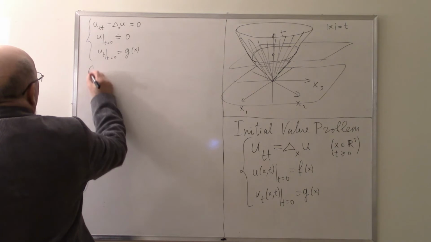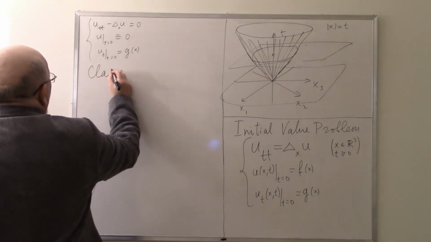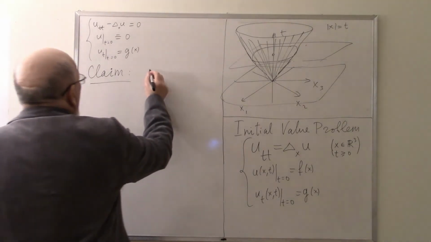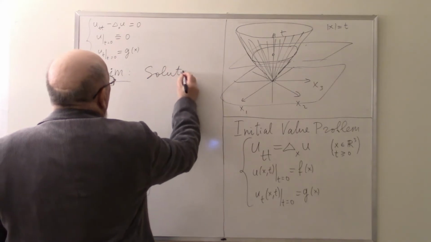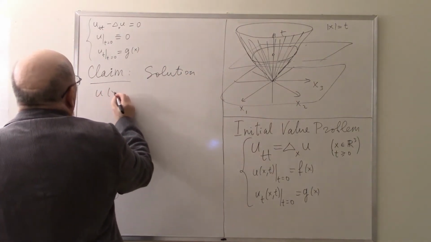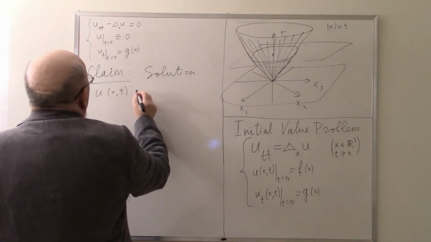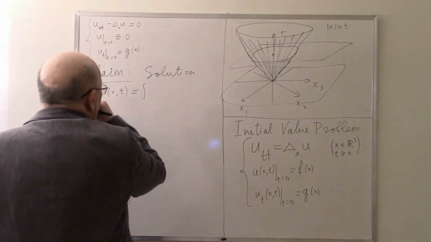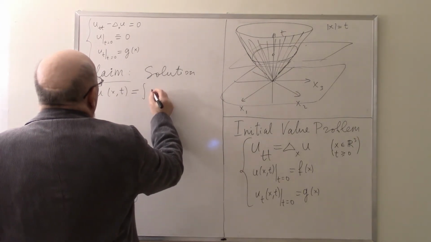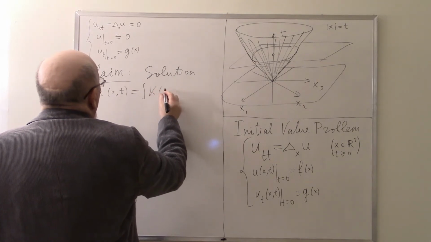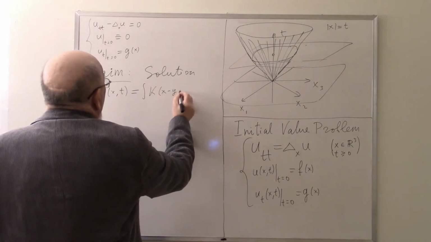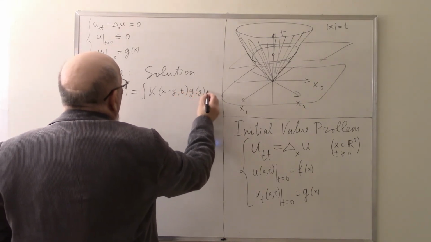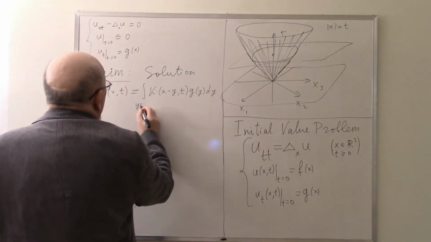And the claim is that the solution u of x, t equals the integral of k of x minus y, t, g of y dy, y in R3.